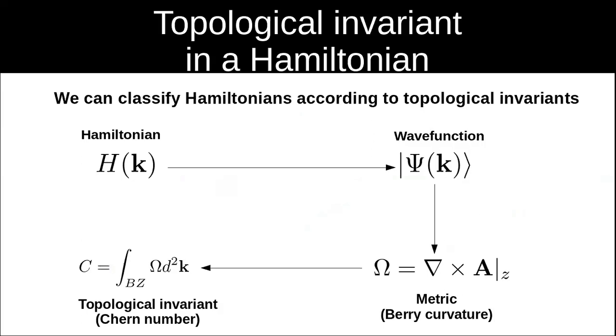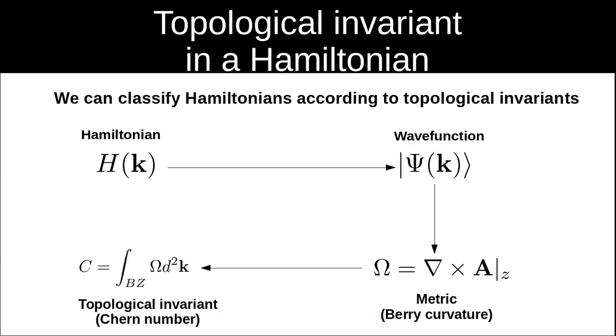This idea of topology in Hamiltonians can be phrased in a precise way. Imagine that you have a Hamiltonian that depends on the momentum. This Hamiltonian gives rise to wave functions that depend on the momentum. These wave functions are associated to a specific curvature that is called the Berry curvature.